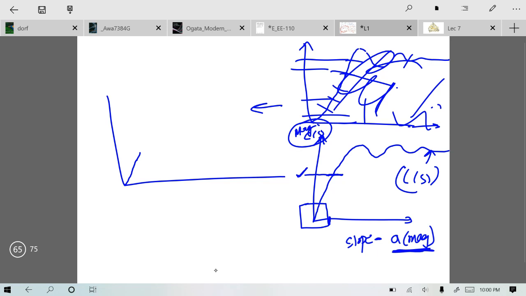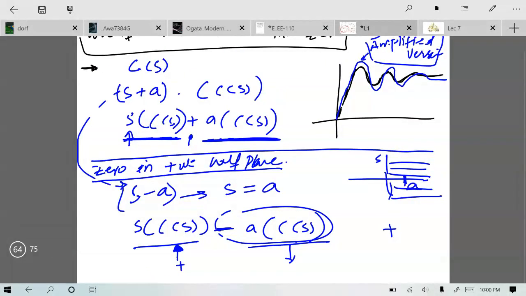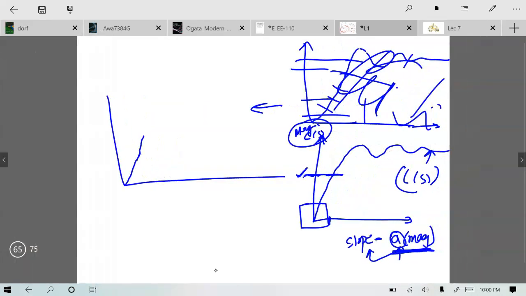Now this term seems to be a bigger term, because A, a scalar, multiplied with this magnitude seems to be bigger than the slope value, which is now lesser than the slope which was here. So there will be a time when this term will be greater than this term, then the response will become negative and eventually it will end up like this.